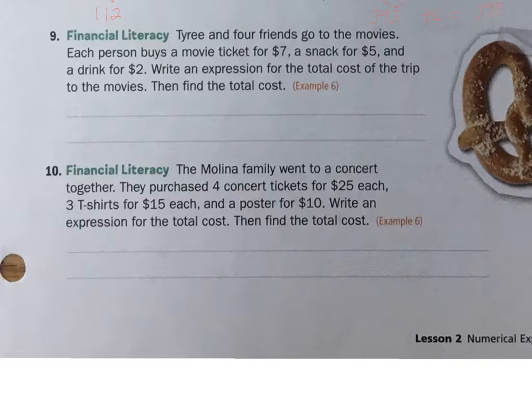So everybody is going to get a $7 ticket plus a $5 snack and a drink. So that's what everybody's going to get, and then times that by 4. Write an expression for the total cost of the trip to the movies. Cost. Okay. So I think this should do it.